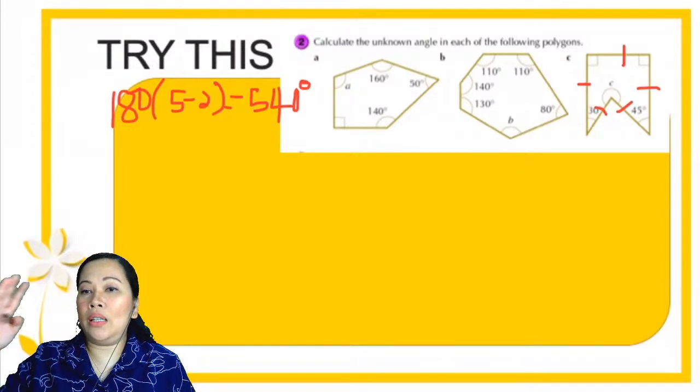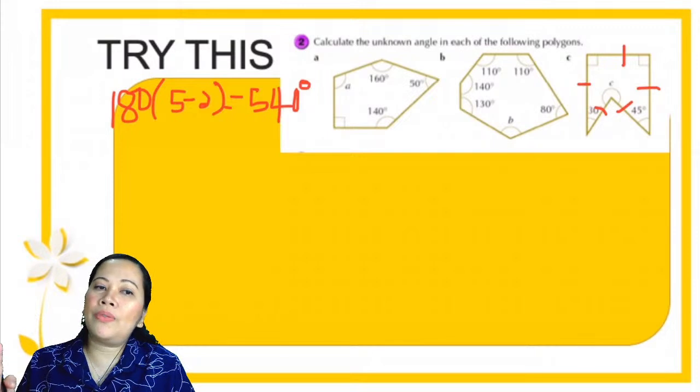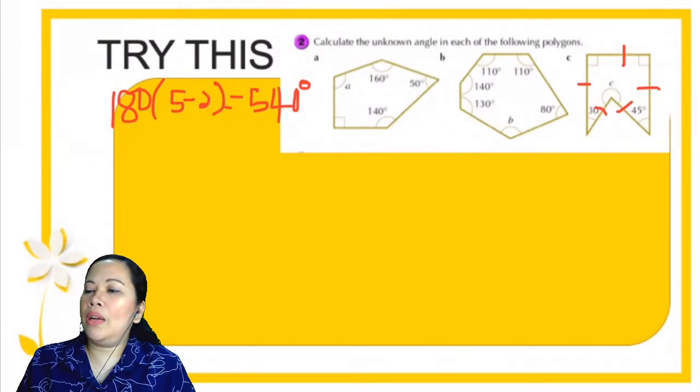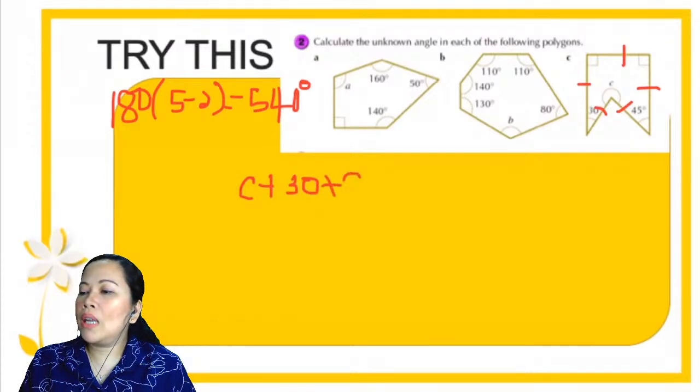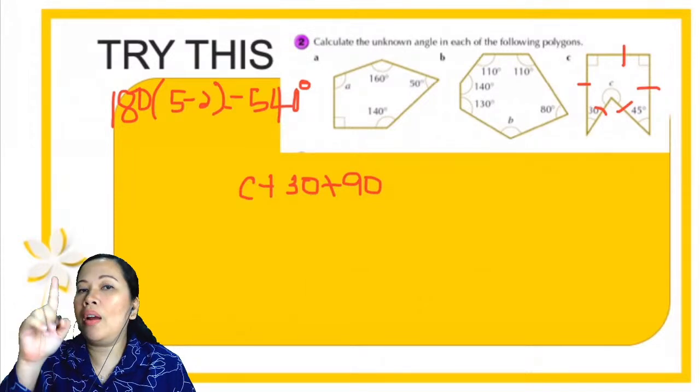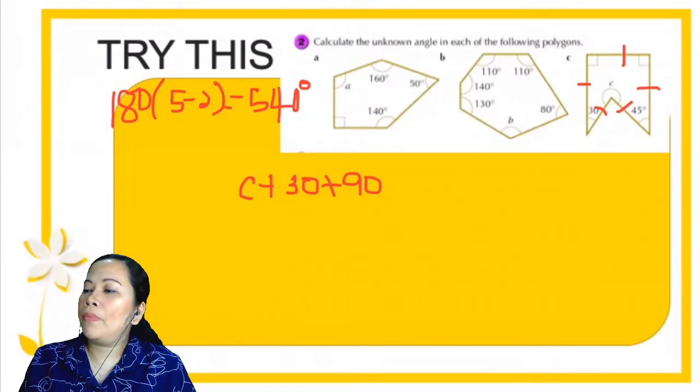So the total of the sum of the angles is 540. And then you add everything. So the unknown is C. You write C plus 30 plus 90. Remember, if it's a square, it's always 90 degrees if this symbol is there.